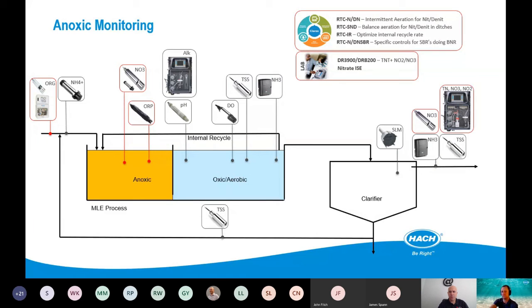But this particular TSS probe also has the ability to go in pipe at pretty substantial pressures. So as long as those pressures and the application is appropriate, it can be put into a pipe with great success in that location. So yeah, good question.